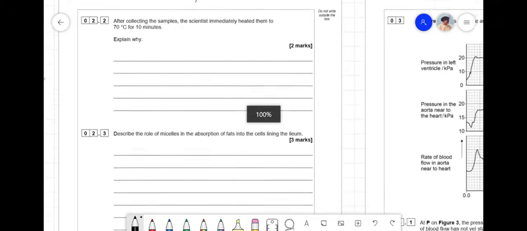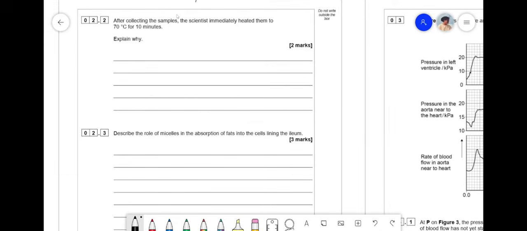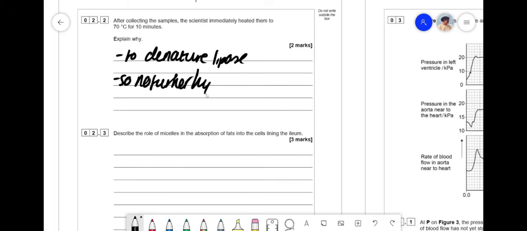If you take a sample out and the lipase is still working, the numbers are just going to keep decreasing. So we need to stop lipase working. So the answer here would be to denature lipase, so no further hydrolysis takes place.